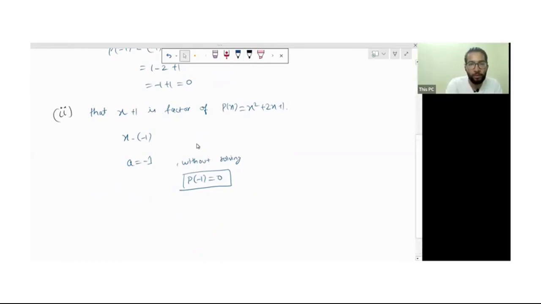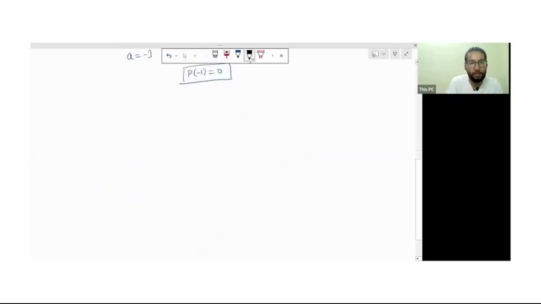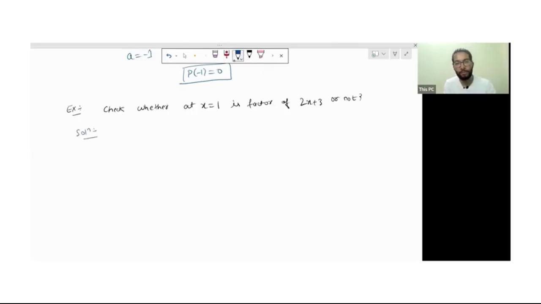Let me give one more example. Check whether x is equal to 1 is a factor of 2x plus 3 or not. Now we will use the factor theorem for this example.